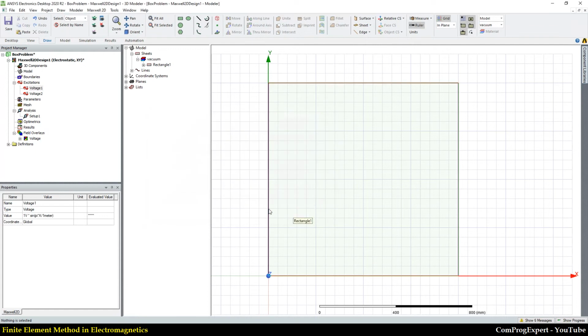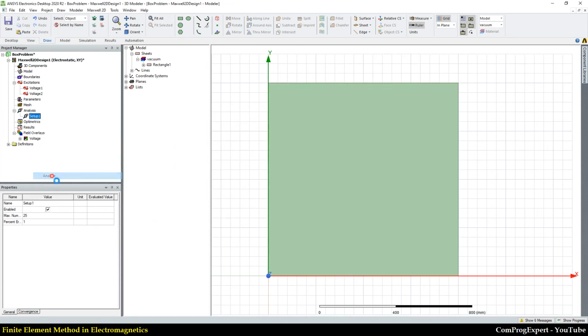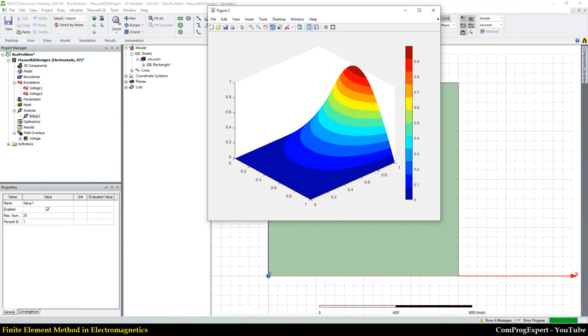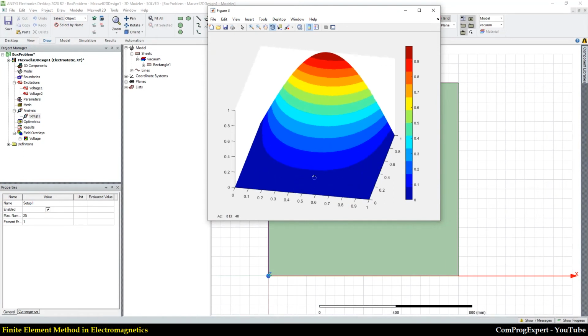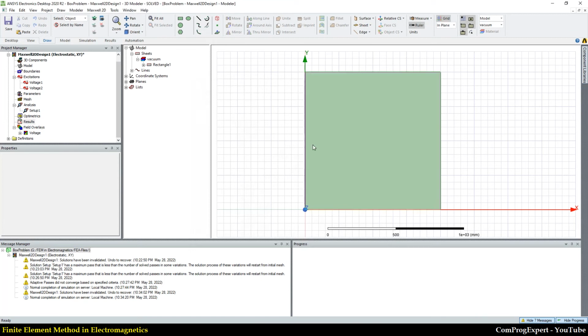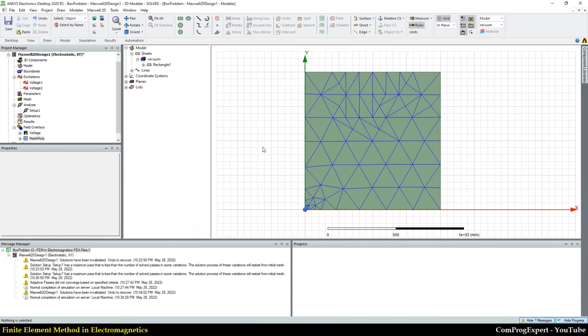And okay, so now revert to initial mesh and solve, analyze. So let's check for this case that we have a continuous Dirichlet boundary condition. The convergence is achieved in only 2 iterations, right? So this is important. You can see also the mesh, right?